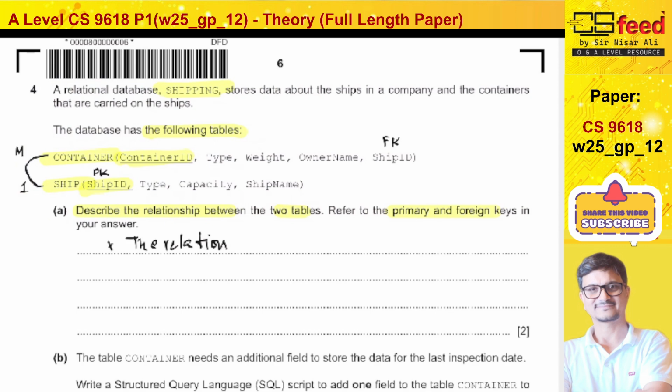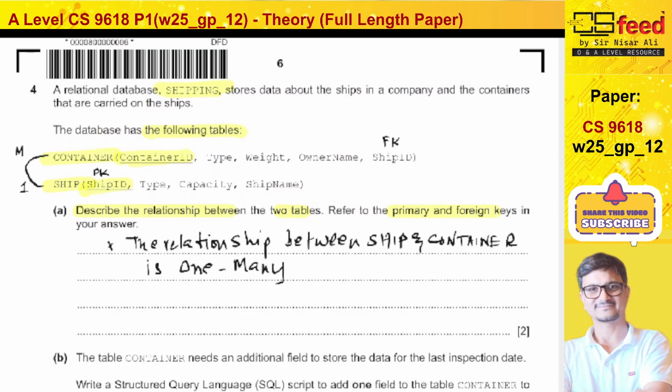The relationship between ship and container is one to many.